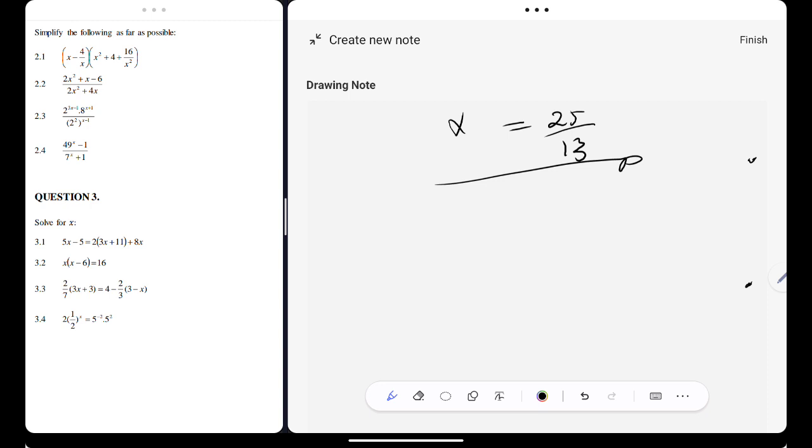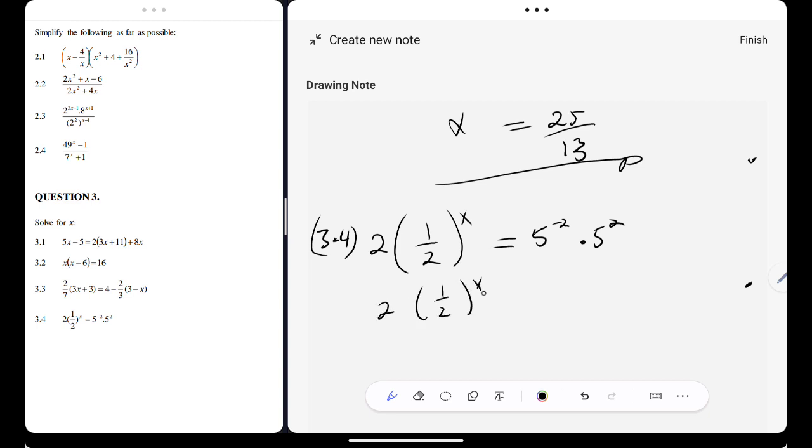Okay. 3.4. Multiplied by 5 squared. Okay. Here on the left hand side, whenever I multiply these two numbers, all I'll get is 1.